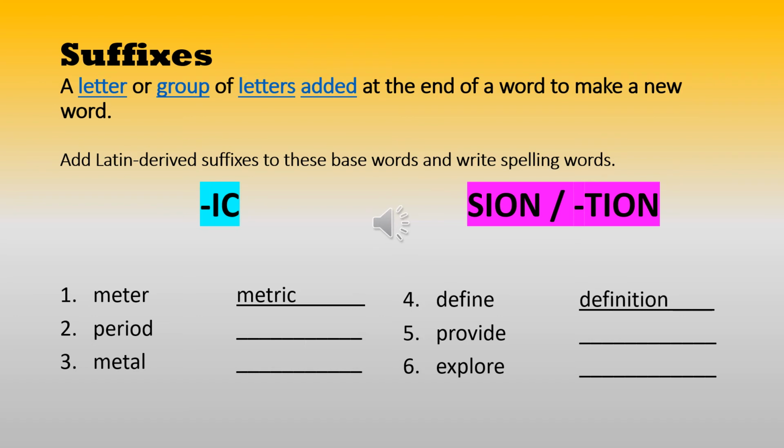So if you add the letters IC to the word meter, okay, the word is going to change to metric, metric. Remember what is the title of lesson number 7?